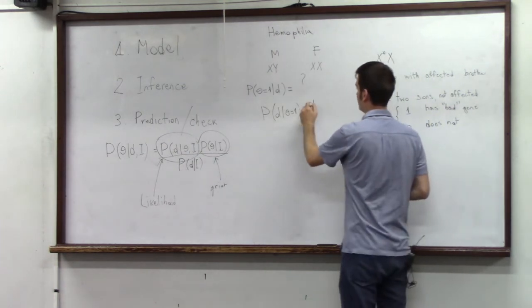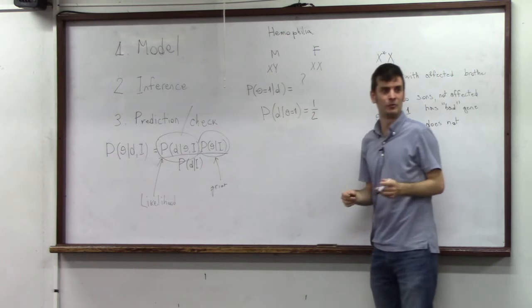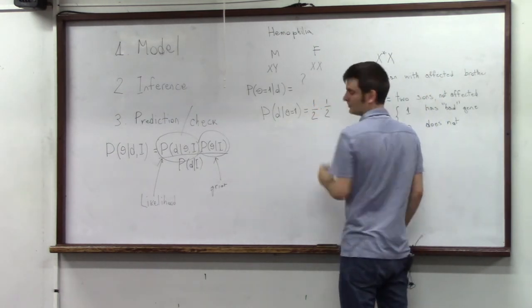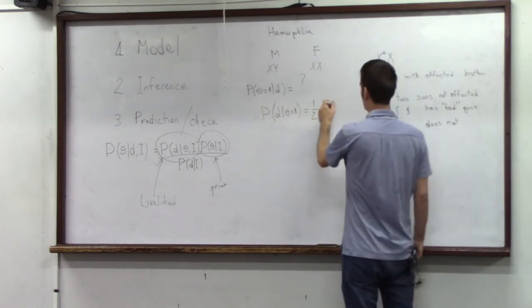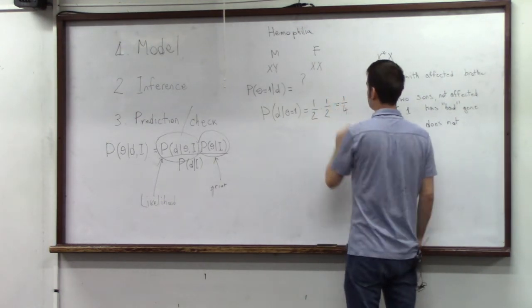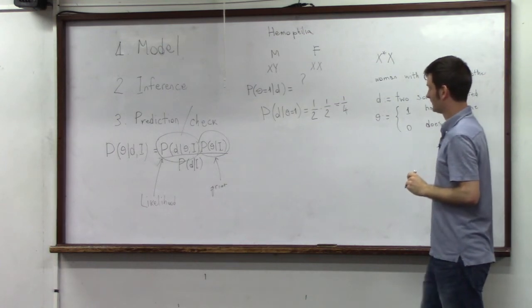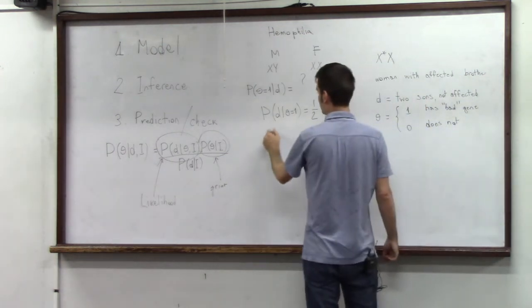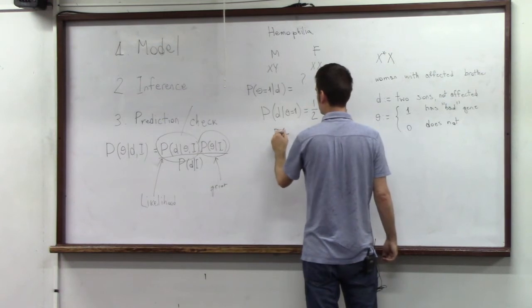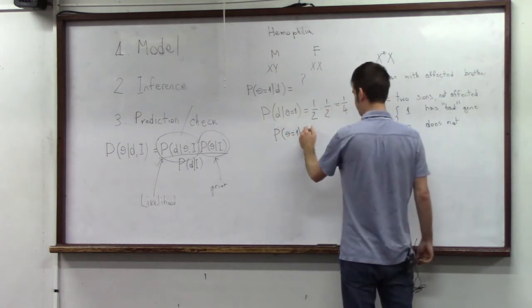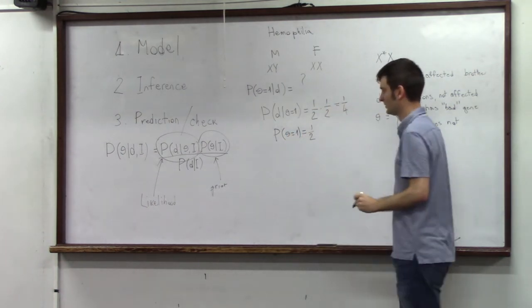So there's a 50% chance that the son would be healthy. This is for 1. There's 2 sons, so the probability becomes 1/4, right? And then we have said that the prior knowledge of theta being 1 is 1/2.